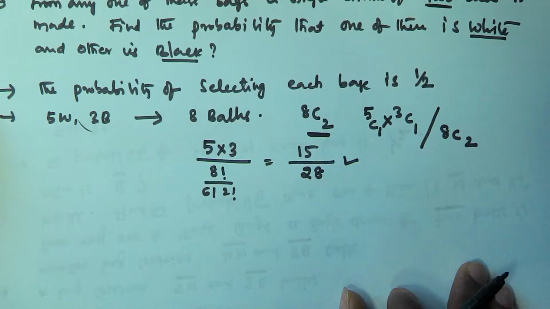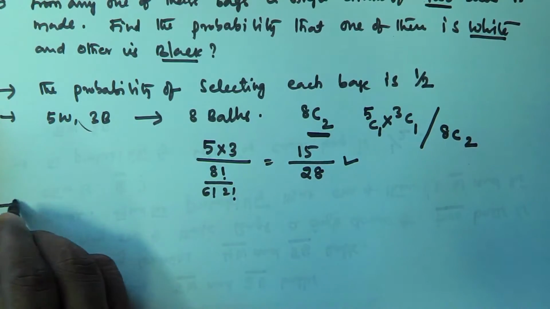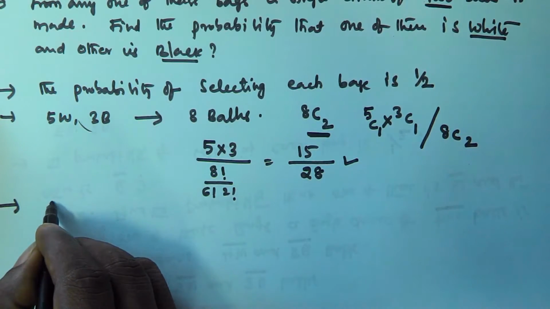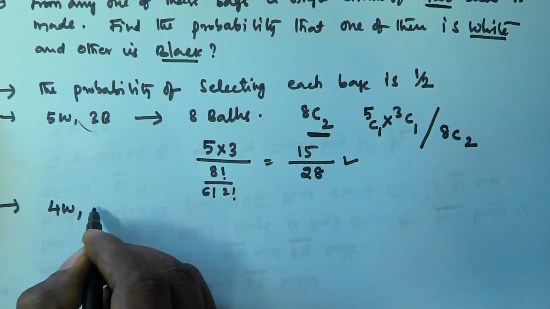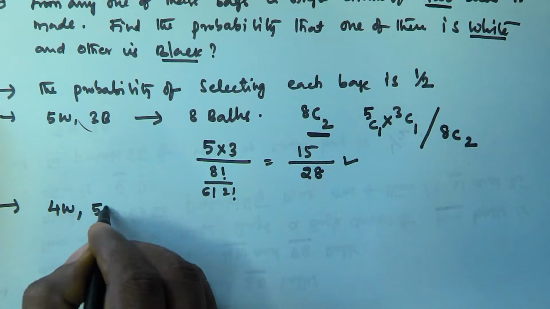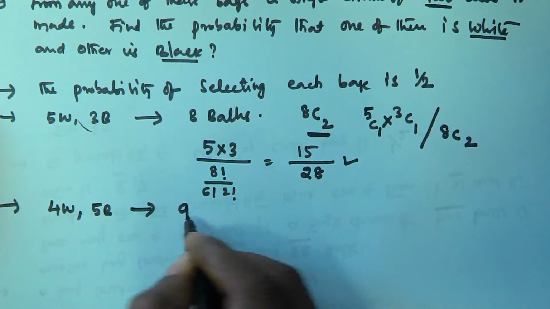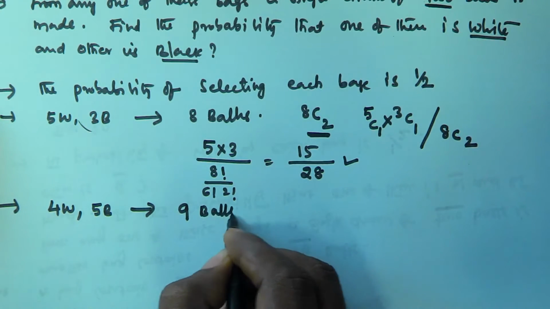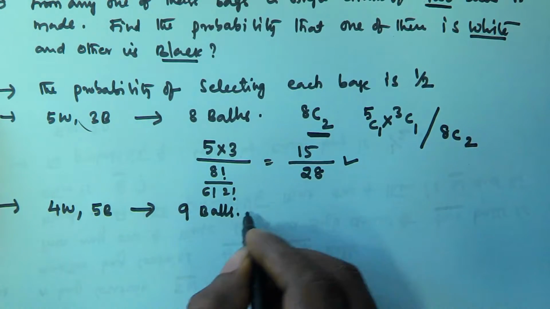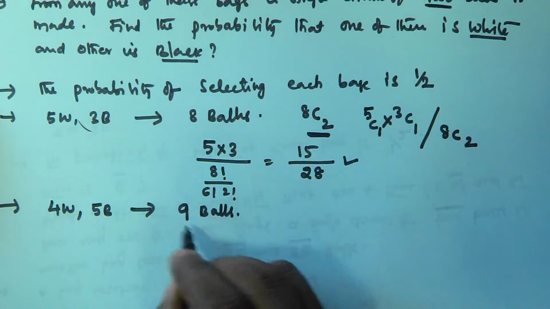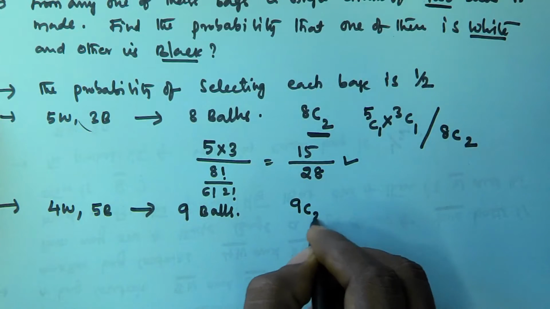For example, if we selected the second bag, the second bag contains 4 white balls and 5 black balls, so in total it contains 9 balls. The number of ways of selecting 2 balls out of these 9 balls is 9C2.